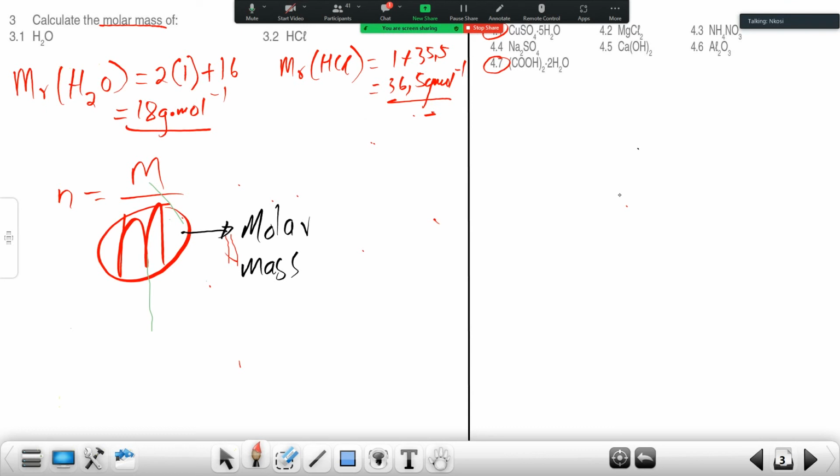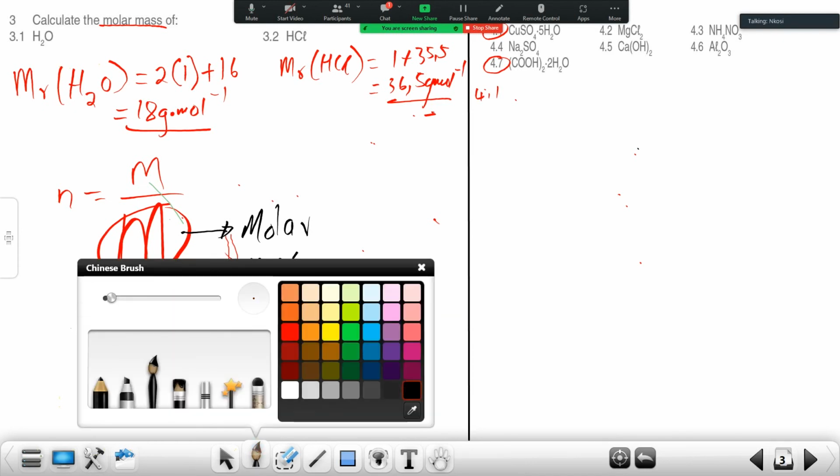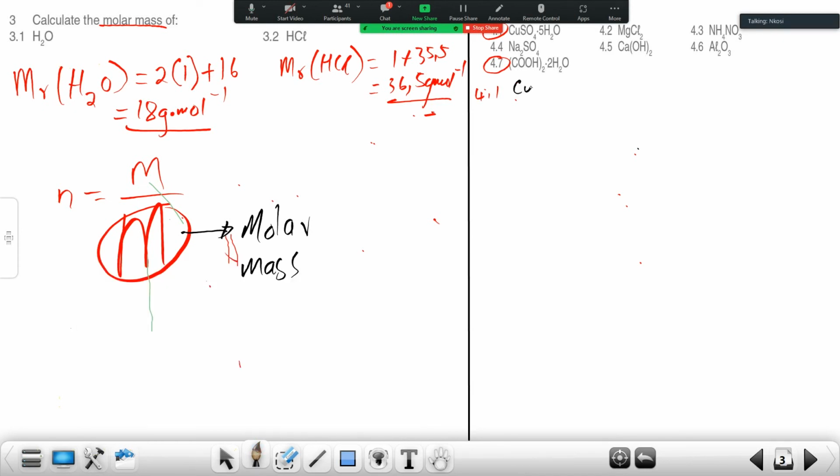The common misconception here is this one, that when we work with multiplication, or the dot in this case, because I am given that is 4.1. Let me change my color to black. Copper sulfate that has now 5 waters there, which is a water of crystallization.